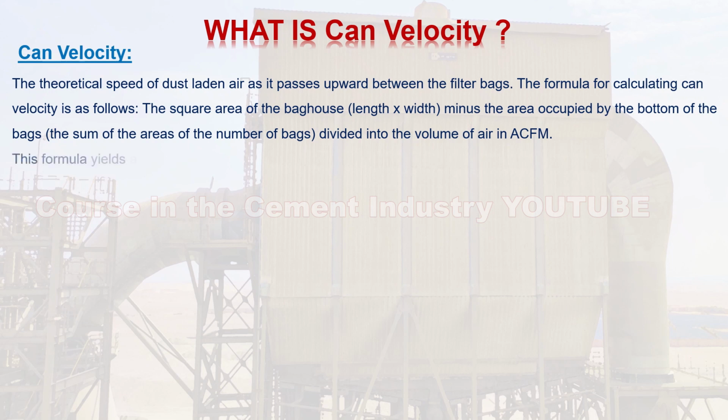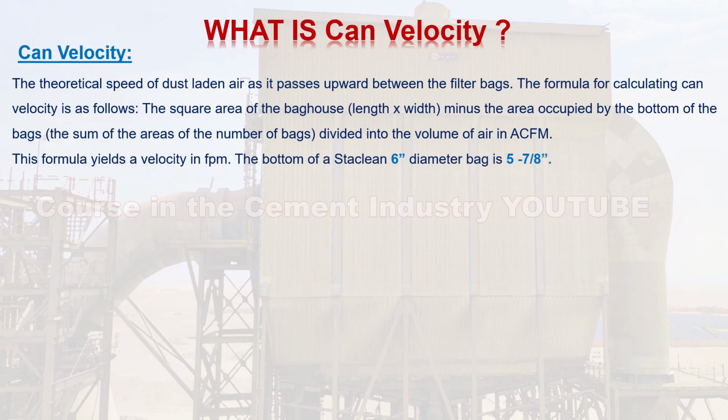This formula yields a velocity in feet per minute. The bottom of a 6-inch diameter bag is 5 inches, 7-inch to 8-inch. See this example to calculate baghouse can velocity.